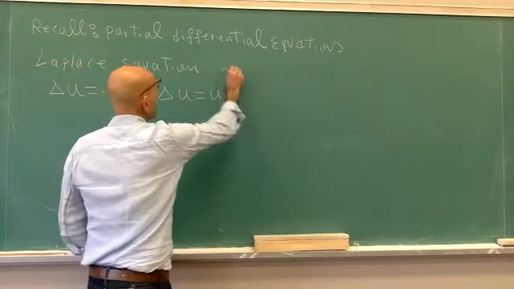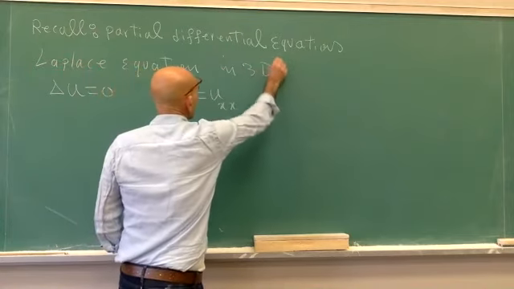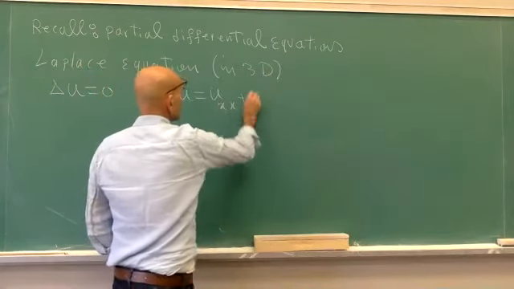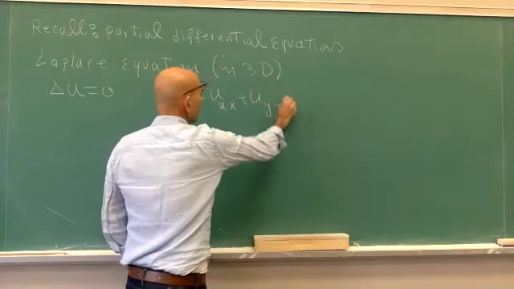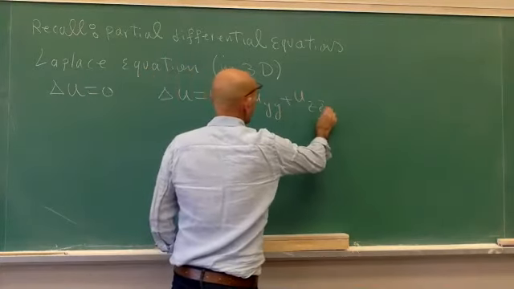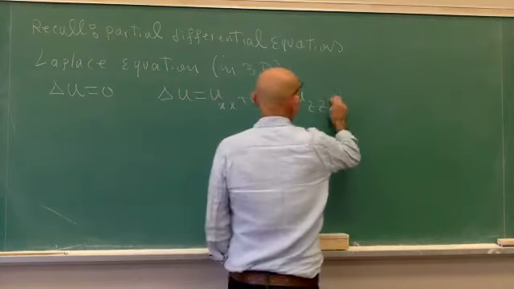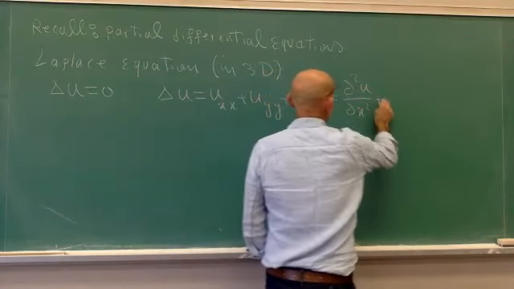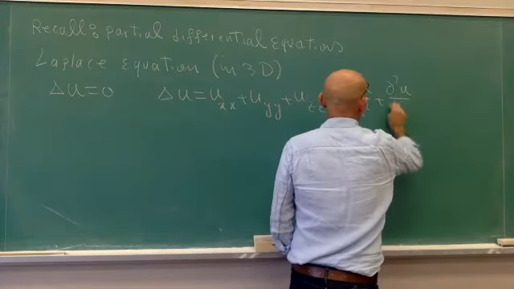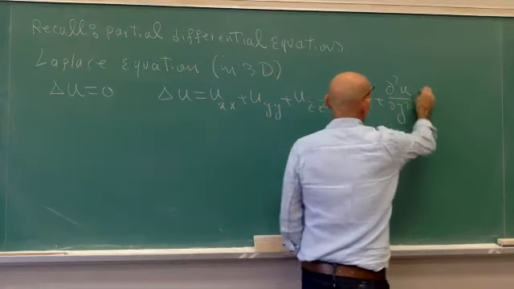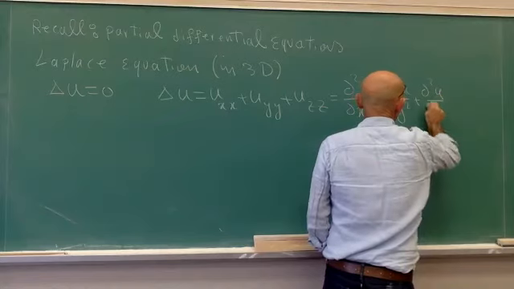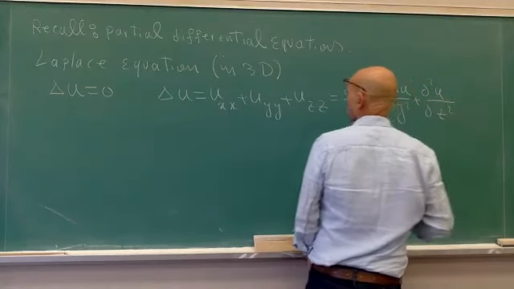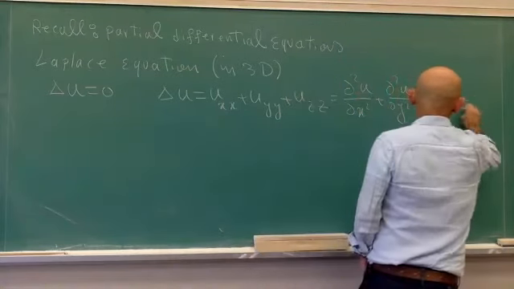And in 3D, Uxx plus Uyy plus Uzz, which is, of course, d2U/dx2 plus d2U/dy2 plus d2U/dz2, right? Now equal to 0.